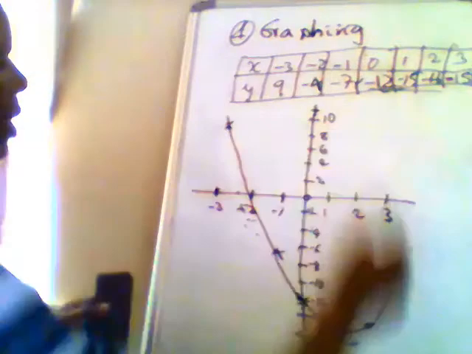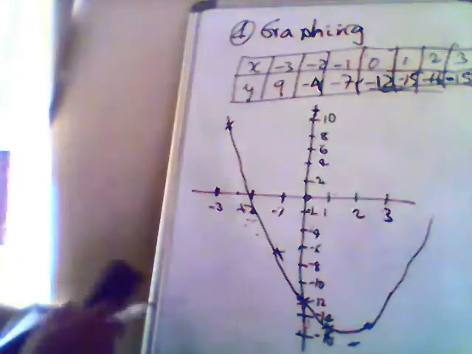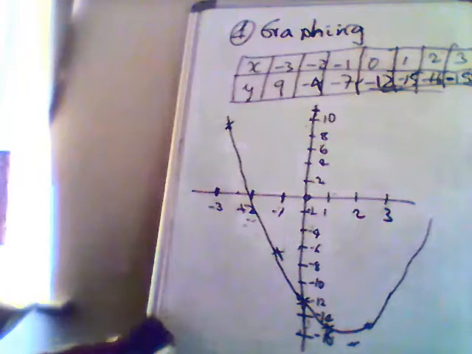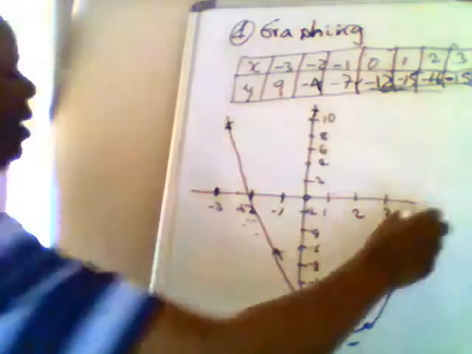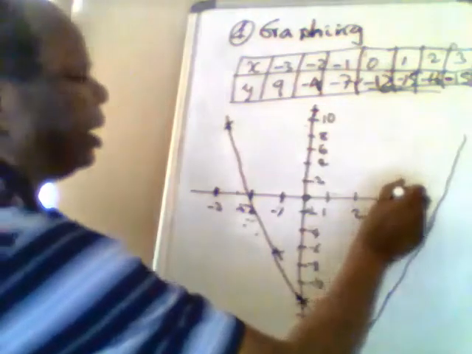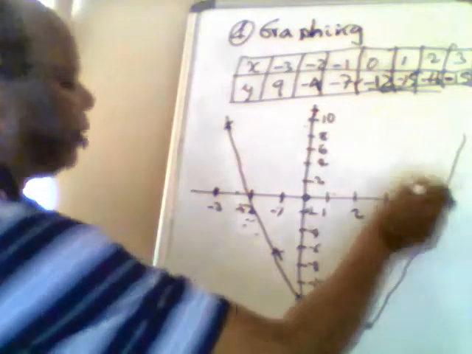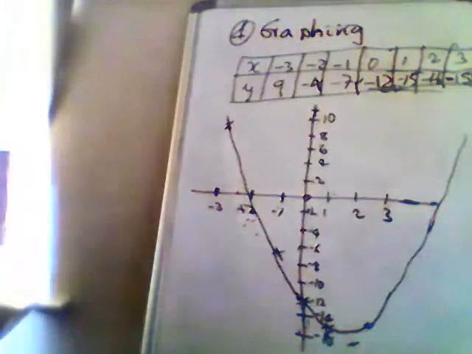If we continued, we should go up that way. As you can see, we need to know where it's going to cross. So we needed more values there to see where it is going to cross the x-axis. We stopped halfway there. We needed more values to the other end.